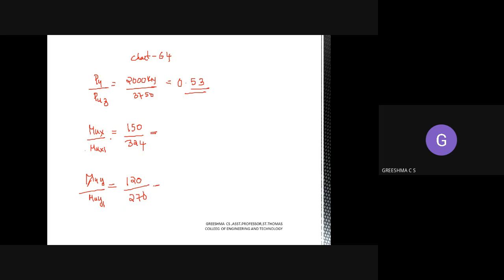Mux1 is the moment capacity. So how much is the ratio? 150 divided by 324, you will get it as 0.46. And 120 divided by 270, you will get the value as 0.4. Are you getting this?